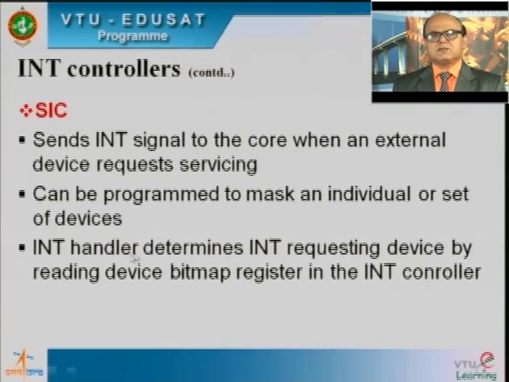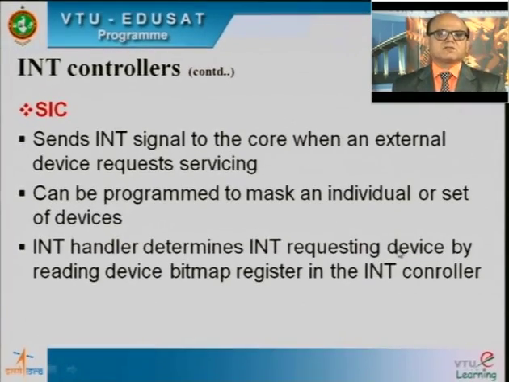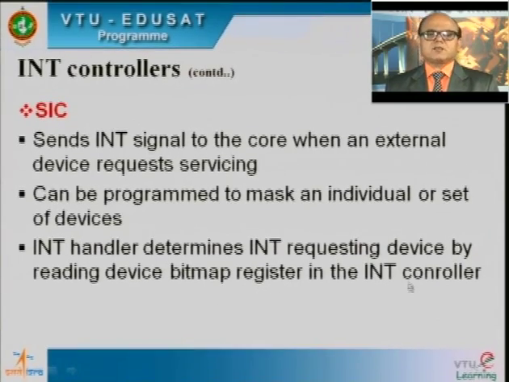The interrupt handler determines the interrupt requesting device, that is, which device has presently requested the interrupt handler to be executed. It determines this by reading the device bitmap register in the interrupt controller.